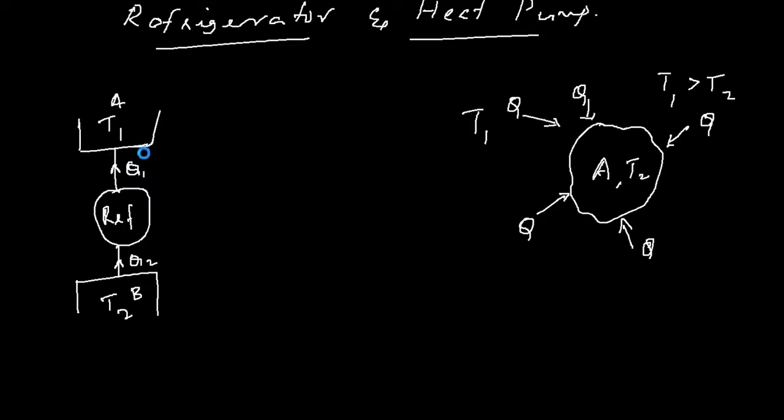So effectively, a heat pump is pumping the heat, and a refrigerator too is pumping the heat, taking heat from a low temperature body and rejecting it to a high temperature body, and the target is to maintain T2. A heat pump also removes heat from a low temperature body and leaves that heat in a high temperature body, but in this case the target is to maintain T1. So a heat pump maintains a high temperature, whereas a refrigerator maintains a low temperature.